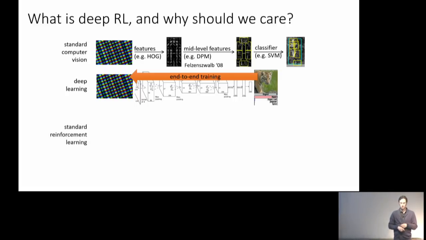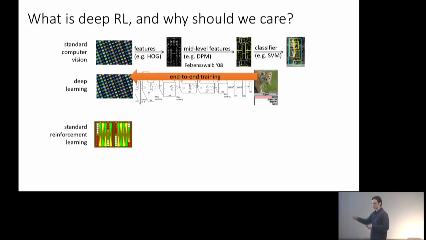In standard reinforcement learning, using a kind of conventional, let's say, linear function representation, you would start off with some representation of your state. Maybe you encode the state of the backgammon game board in some way, and then you have to extract features from it, because simply putting linear coefficients on every bit of state isn't really going to cut it. So you come up with some features.